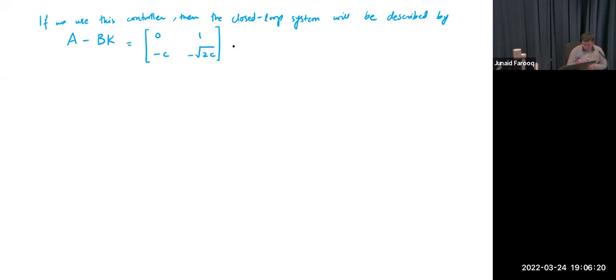Right, so if you go to the characteristic equation route and then find the characteristic polynomial, eventually try to find the roots of the polynomial, you can say that the closed loop poles will be at s equals C over square root of 2 times minus 1 plus minus j.